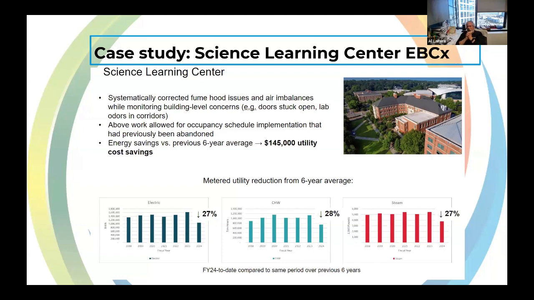Well, what I find interesting though, it was fascinating that electric consumption went down by 27%, chilled water consumption went down by 28%, and then steam went down by 27%. It's like they all kind of track each other on the percentage, and you couldn't have scripted that any better.